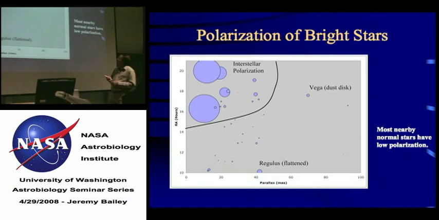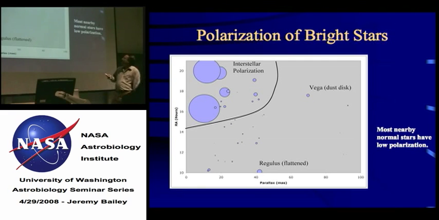So we've observed a number of stars. This is a summary of the polarization data of bright, nearby stars. The size of the disk here is a measure of the polarization. So these big ones here are about 200 times 10 to the minus 6. We measure everything in units of 10 to the minus 6.